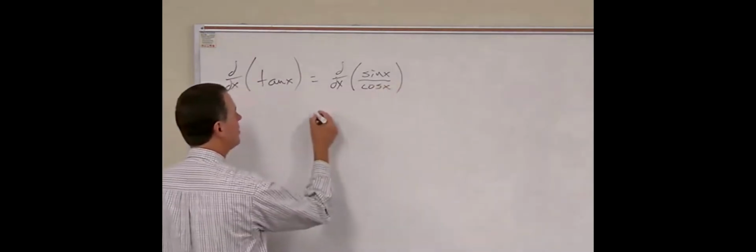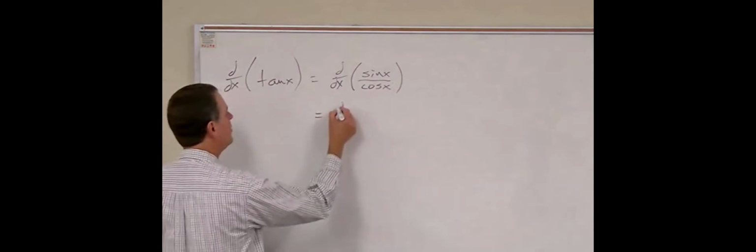Let's rewrite this as the derivative of sine of x over cosine of x. How are we going to attack that? We need to use the quotient rule. That's right. So this is now a quotient.